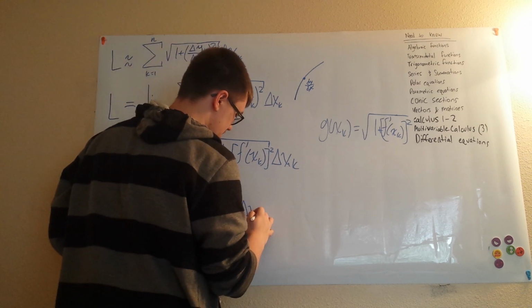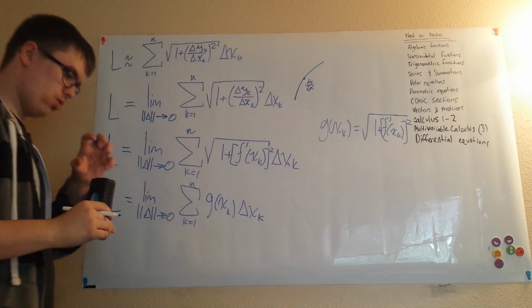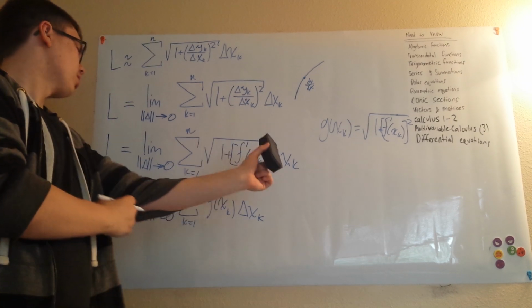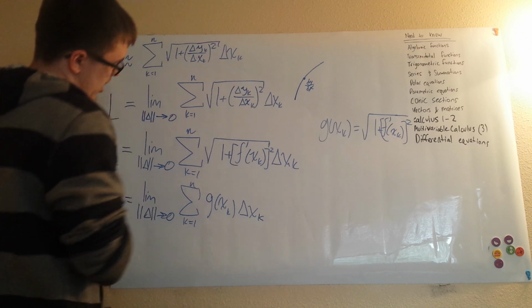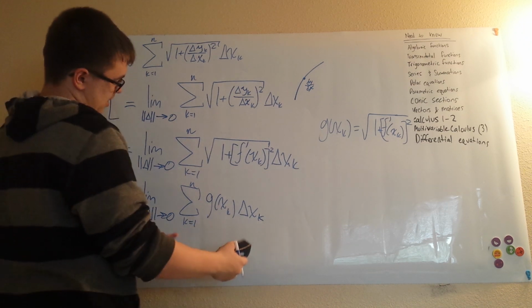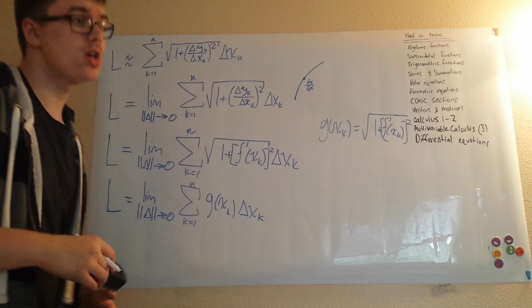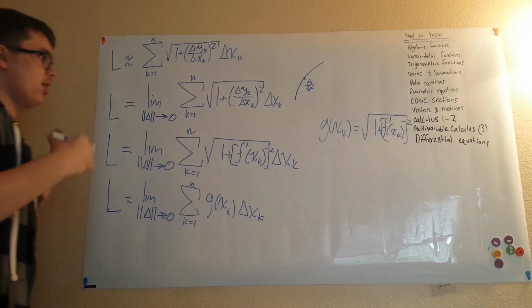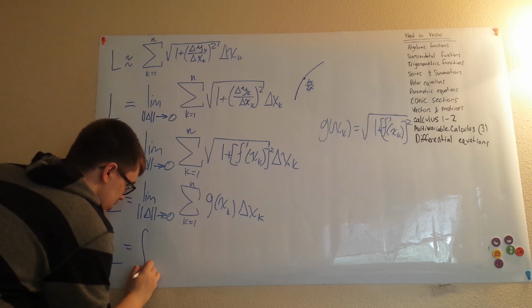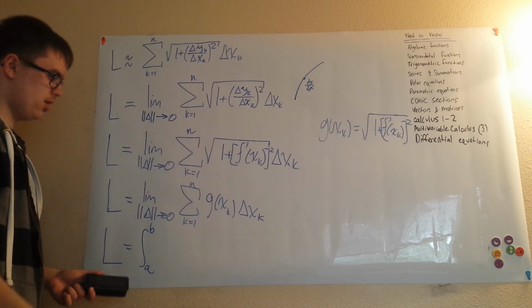Might as well make all the rectangles, when I mean rectangles, for this kind of thing. Well, what is this? That's the definition of the definite integral. This is the definition of the definite integral, right?